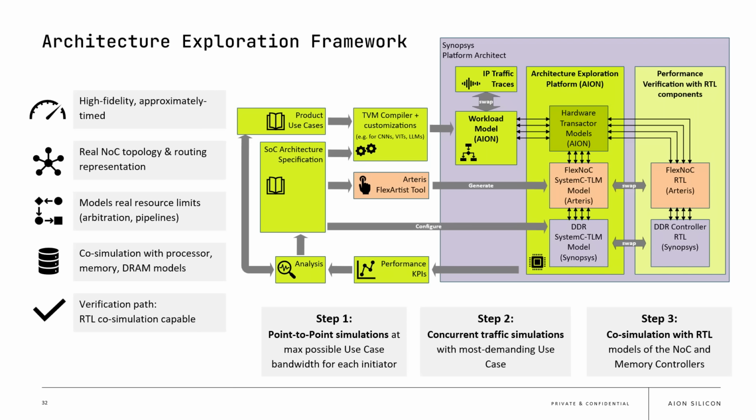So first, you want to do point-to-point simulations at maximum possible use case bandwidth for each initiator. This ensures you've sized all your interconnect resources correctly. And then you move to step two, whereby you're running concurrent traffic simulations of the most demanding use case. So you want the worst case use case envelope.